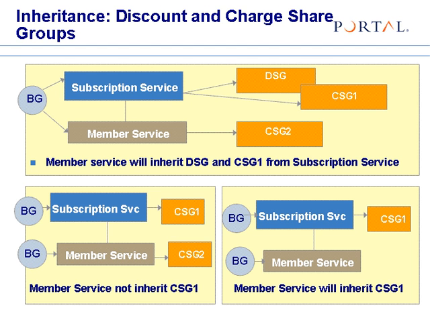If they have separate balance groups and each of them is a member of a charge share group, the member service will not inherit the parent's share group membership. If they are in separate balance groups and the subscription service is a member of a charge share group, in this case, the member service will inherit membership in this group.